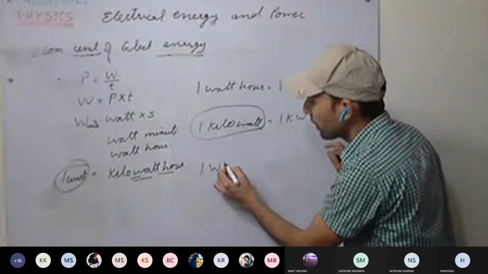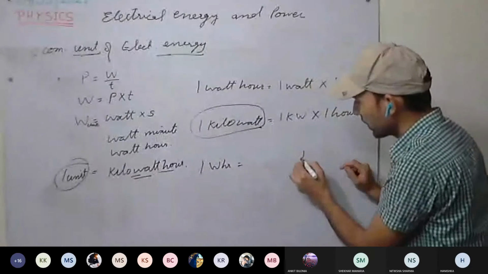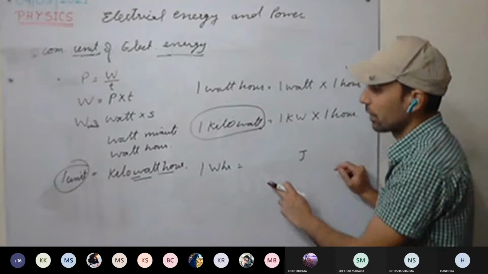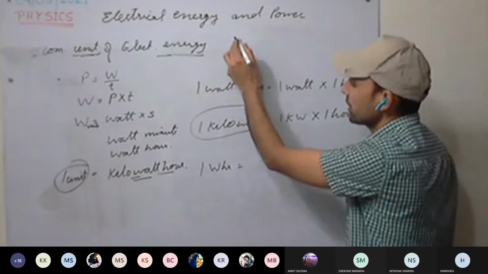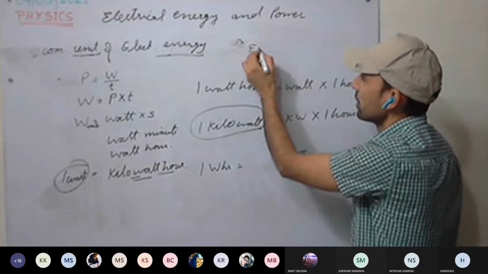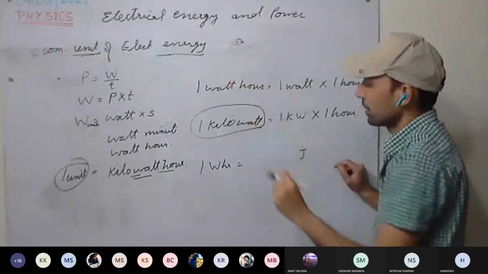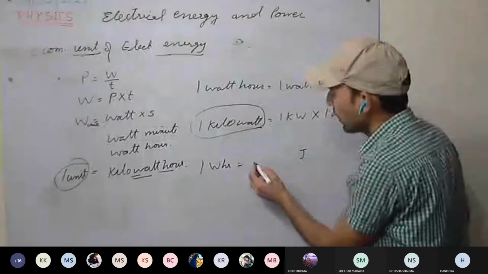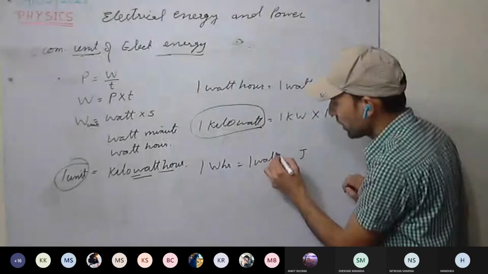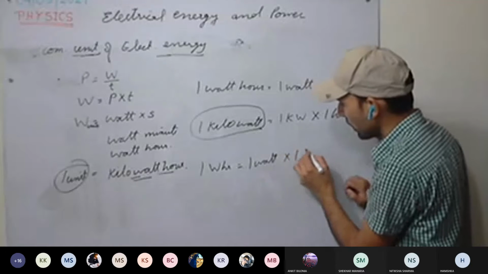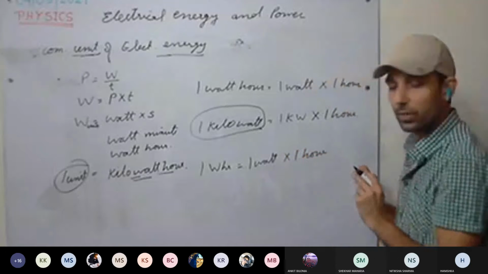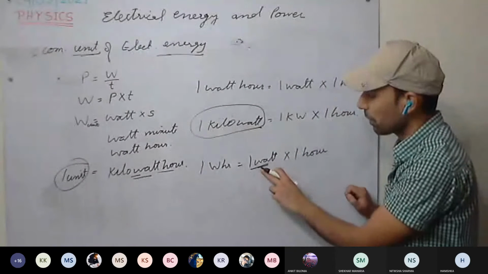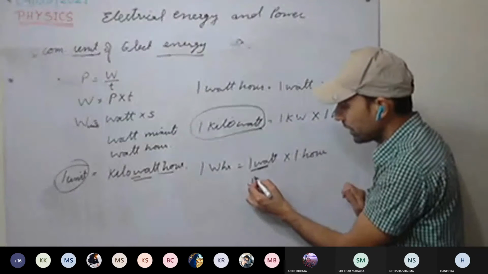Okay. So 1 watt hour we have discussed. If you have to convert into joules, what will be the relation? We already discussed that the unit for energy is joule. 1 watt hour is 1 watt into 1 hour.